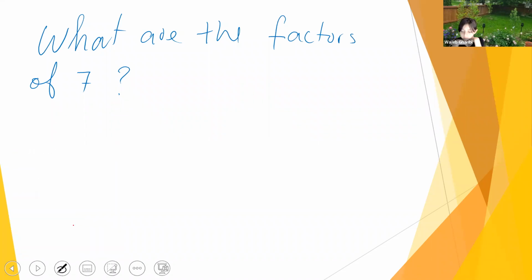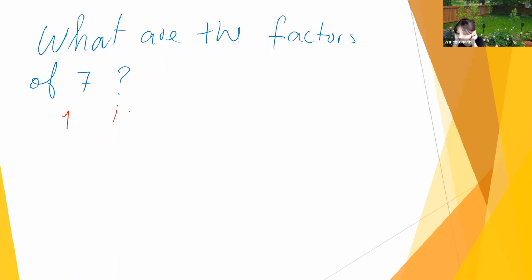Is 7 divisible by 1? Yes. So 1 is a factor of 7. Is 7 divisible by 2? No. 7 is not divisible by 2, so 2 is not a factor of 7. How about 3? No. 4? No. 5? No. 6? No. 7? Yes. So 1 and 7.